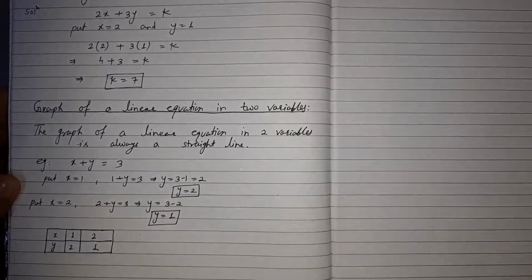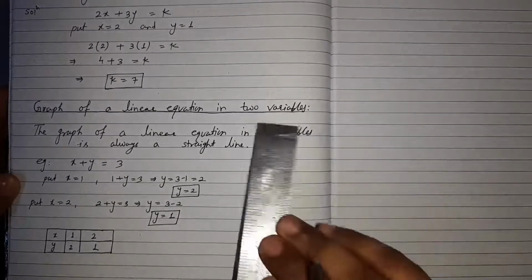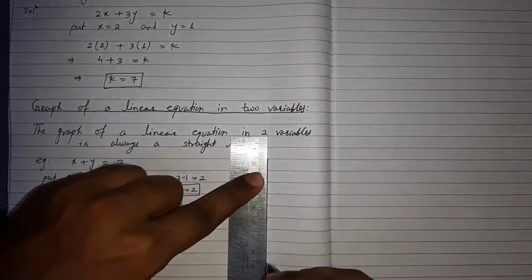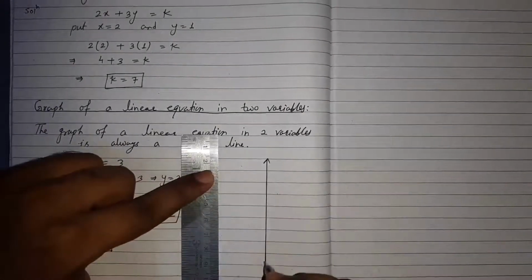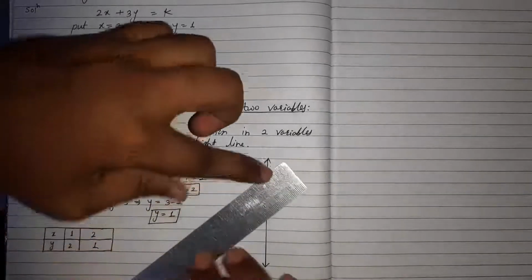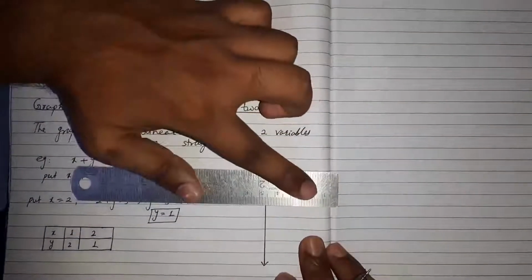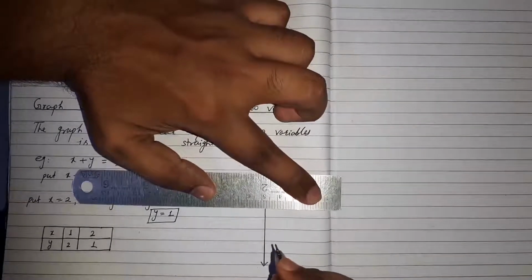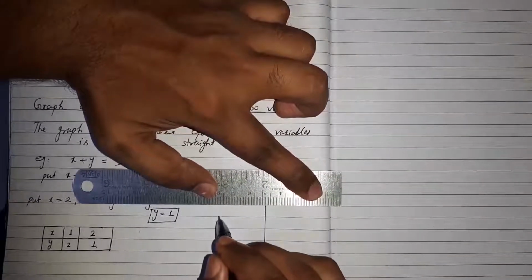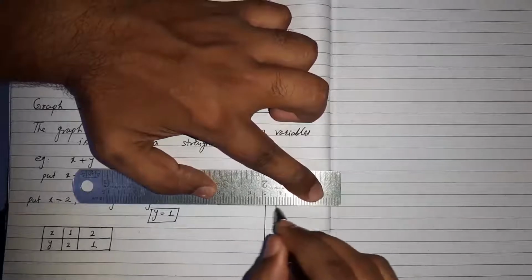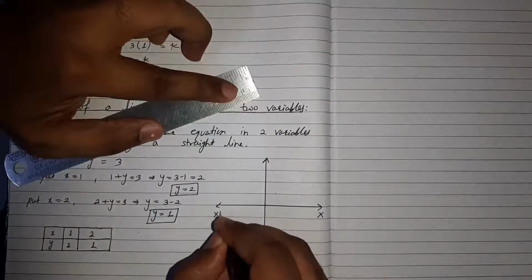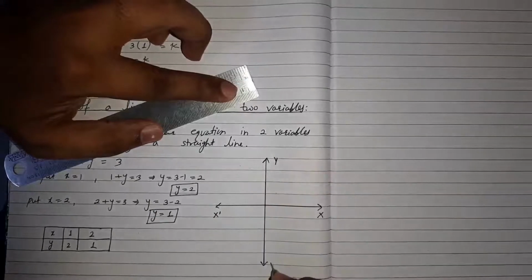First we will draw two lines. The two perpendicular lines means we will draw the two axes, x axis and y axis. Like this we can make. This is x axis, x negative, y positive, y negative.